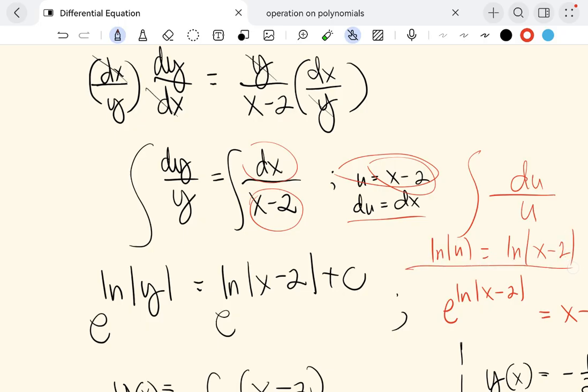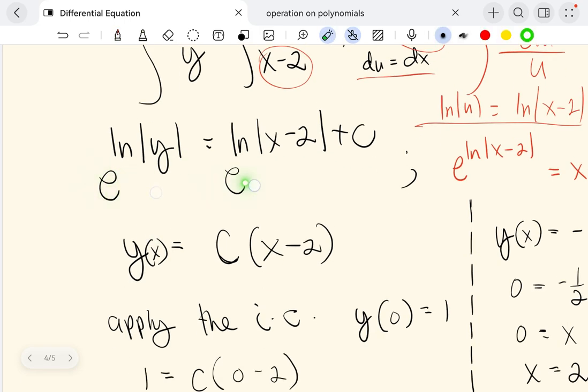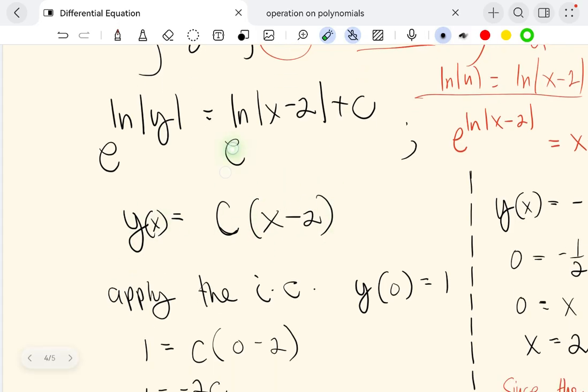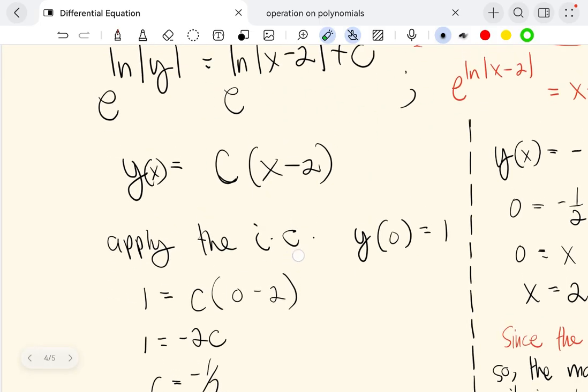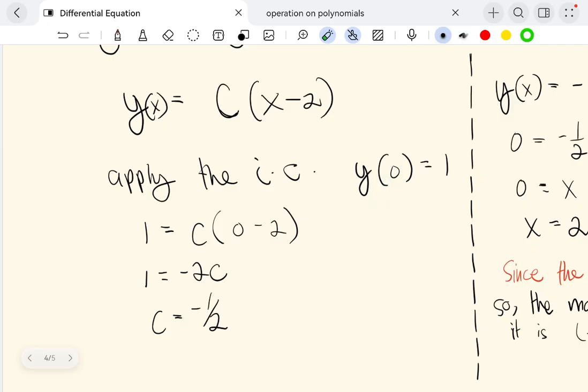Okay, so you will end up here, then raise both sides by e to eliminate the ln. You have y of x, c is equal to x minus 2, and take note that e raised to plus c, we are just multiplying. So apply the initial condition, y of 0 is equal to 1.